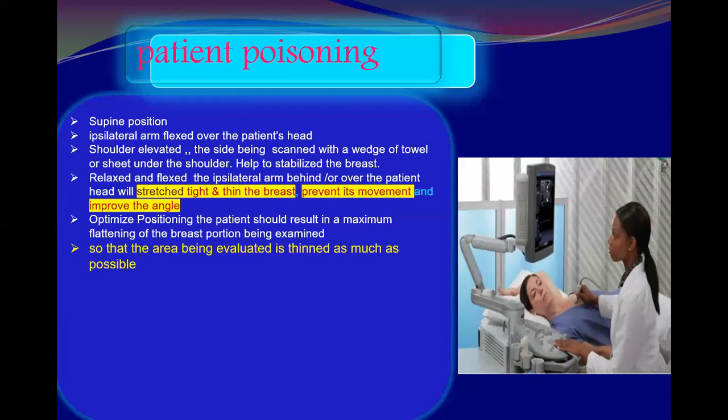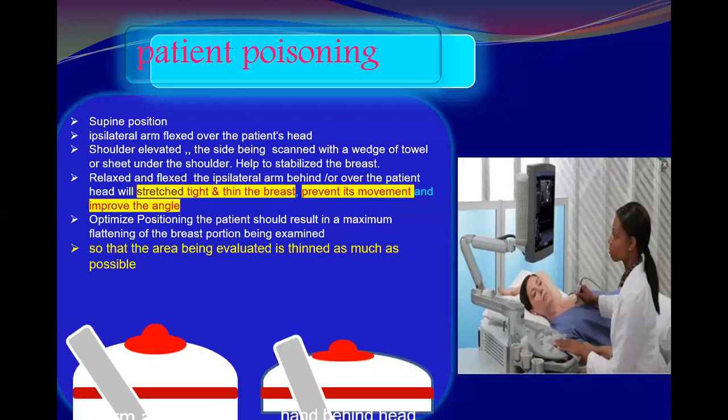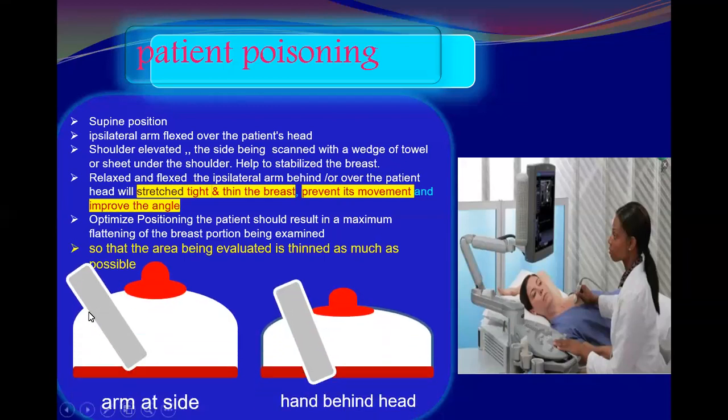The relaxation and fixation of the ipsilateral arm behind the head will stretch and tighten the breast and make it thinner and prevent its movement, and also improve the angle of the transducer. This illustration is for a patient with the arm at side.